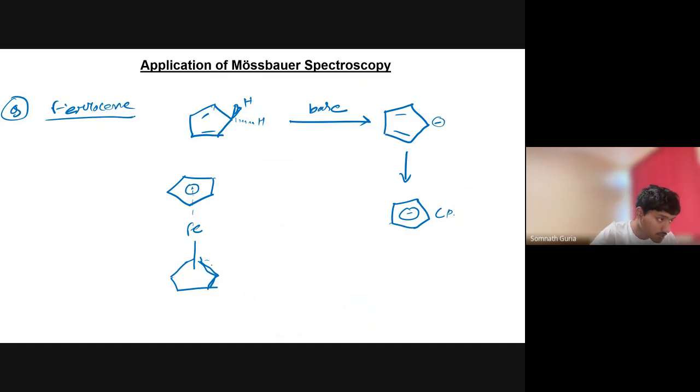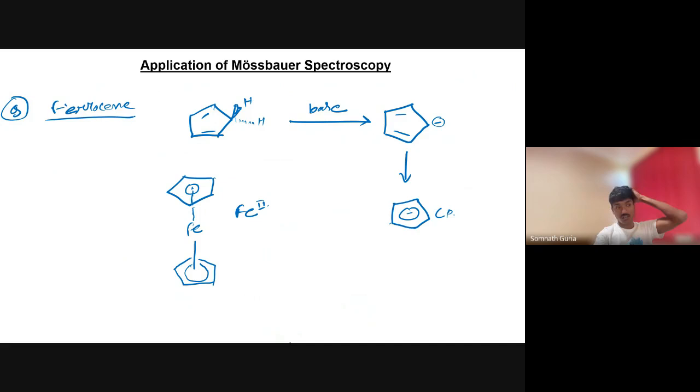This is a bad drawing, sorry about that. I can draw it properly. Okay, it's perfect. This is the ferrocene structure. Iron is in Fe2 plus.